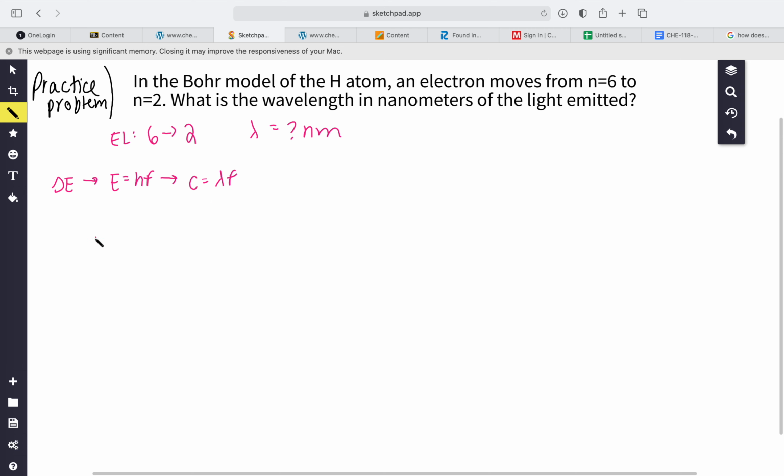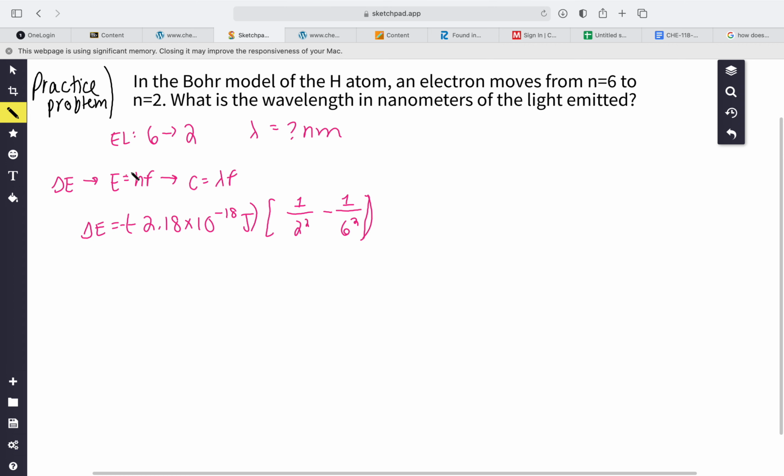Okay, so we're going to do change in energy is equal to negative 2.18 times 10 to the negative 18 joules. There should be a negative in front of that. And then 1 over the final, which would be 2 squared, minus 1 over 6 squared.